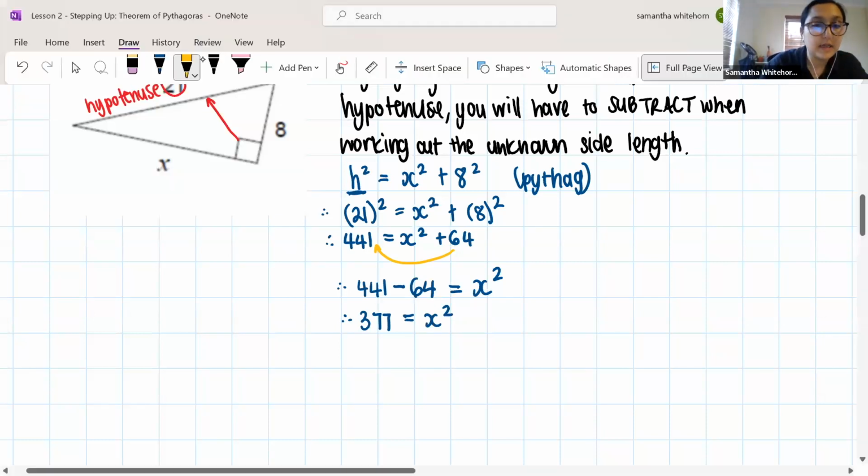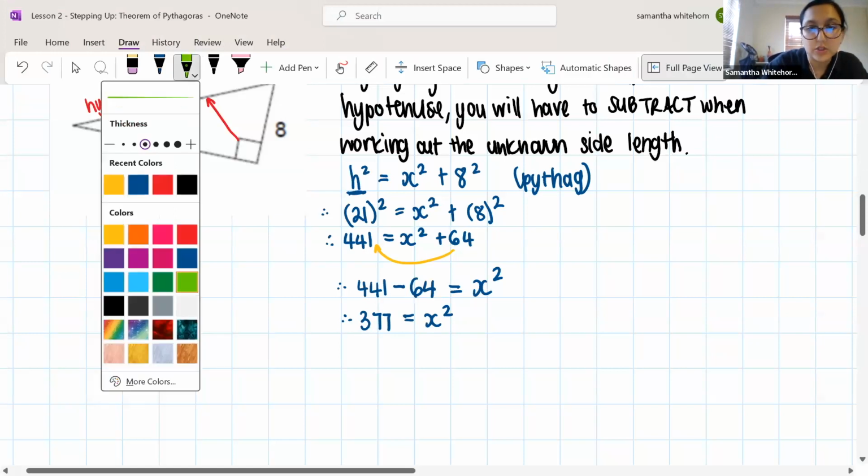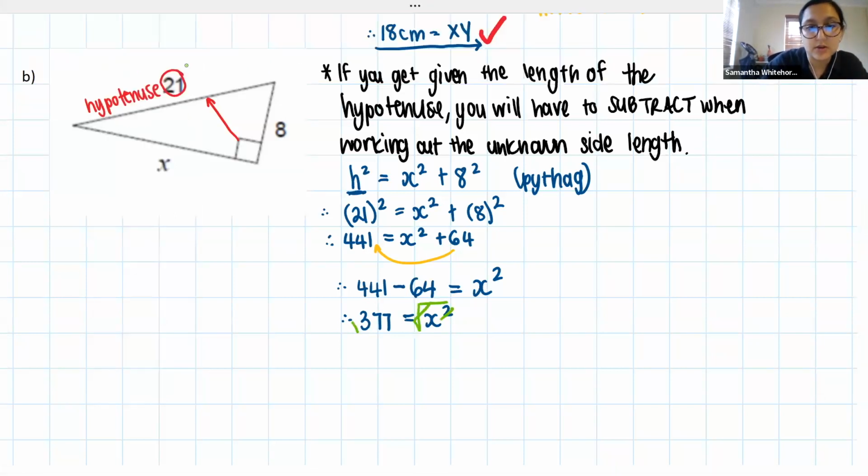Because again, we are not looking for x squared, we are looking for x. We need to square root in order to get rid of the squared. The square root of 377 is equal to, and this is in answer to the question of can we ever get a decimal? Yes, because x is now equal to 19,42 units.